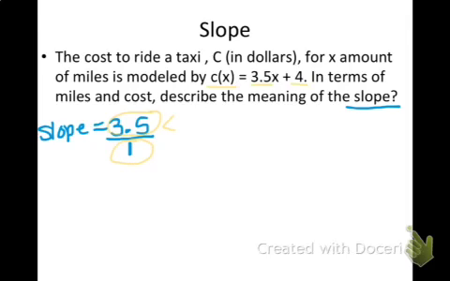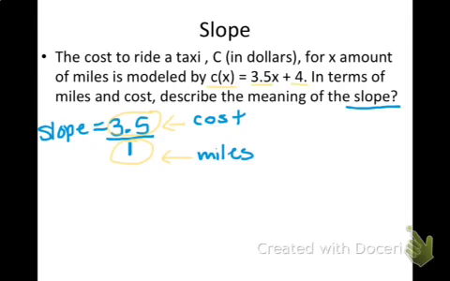So our y is talking about cost, and our x is talking about miles. If we interpret this slope, the cost is increasing, since it's positive, for every 1 mile.